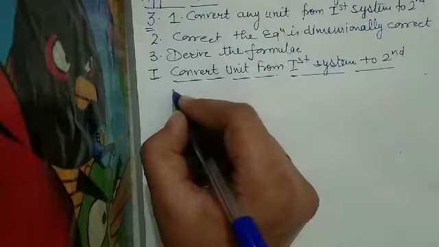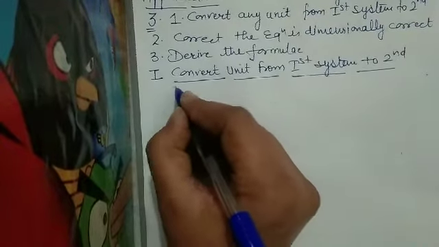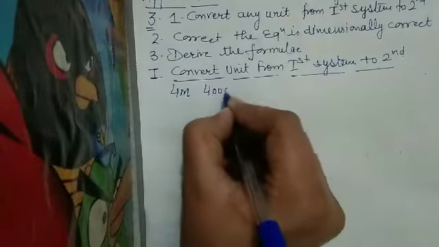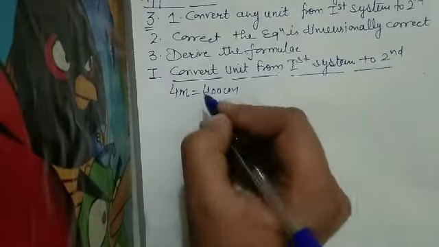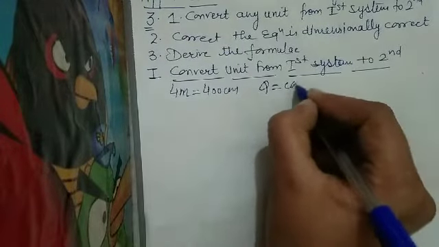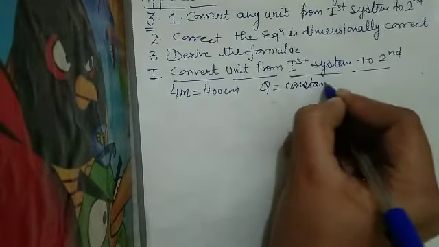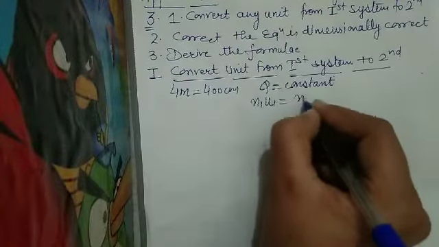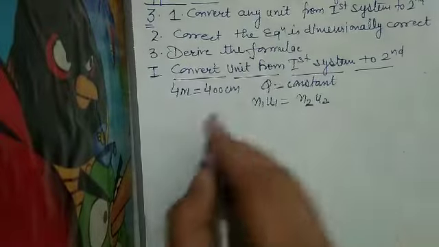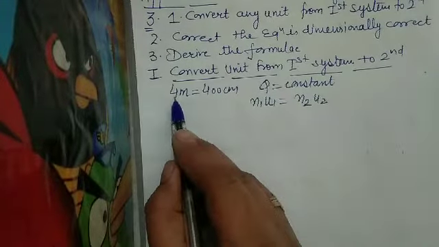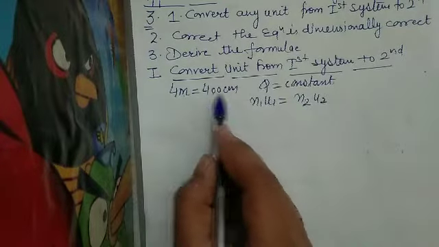As we know, if we want to measure the length of a table, someone calls it 4 meter, someone calls it 400 centimeter. So by changing the system of unit, quantity remains constant. It means what? N1 U1 equals N2 U2, because each and every quantity is denoted by number then unit.